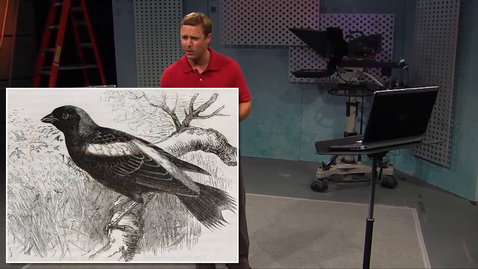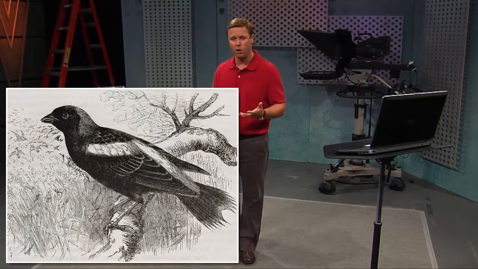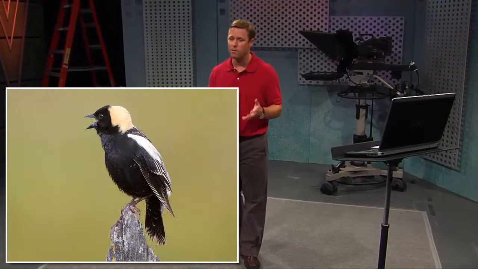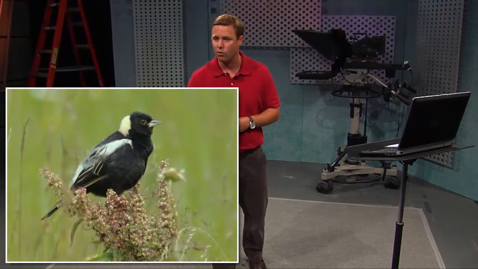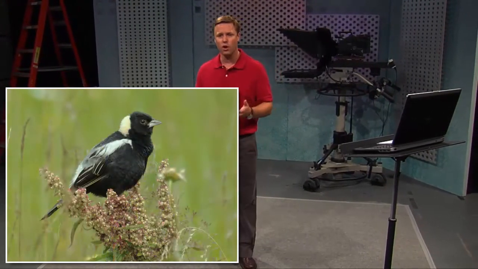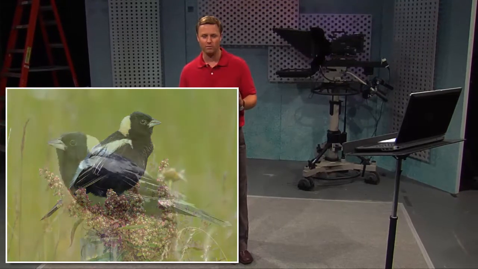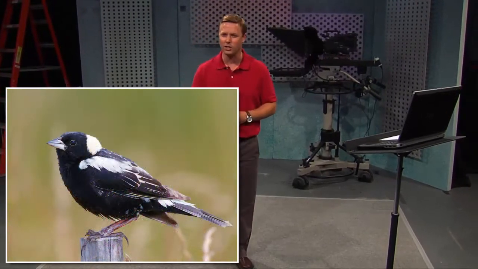So let's consider an example now. Let's look at the bobolink as an example. The bobolink's one of my favorites here. This is a small passerine bird. Many of you might be familiar with bobolinks. We see them quite commonly in parts of North America. And bobolinks are known for their long migrations.